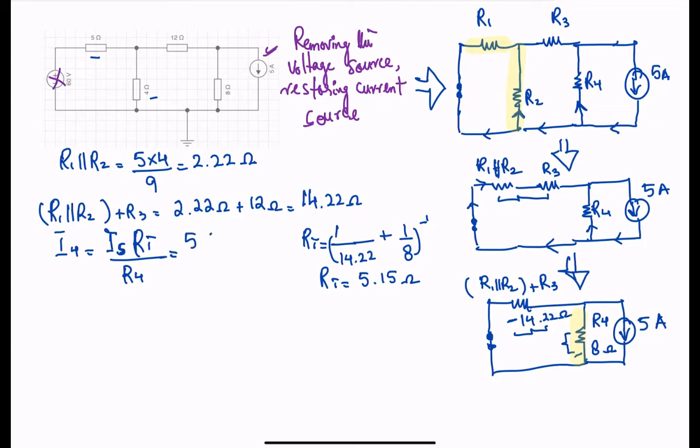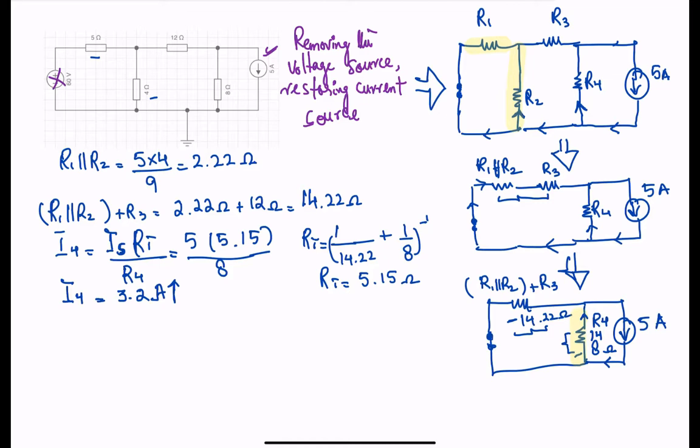IS is 5, RT is 5.15, and R4 is 8. So I get I4 equal to 3.2 amps. Not to forget, the direction of that current is going to be upward. So it's going to go like this and then go like this. This is your I4 here, correct? It's going to be in the upward direction.